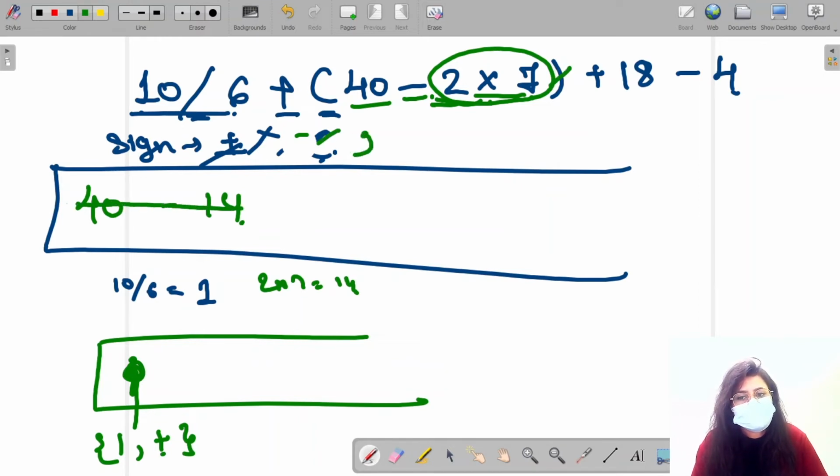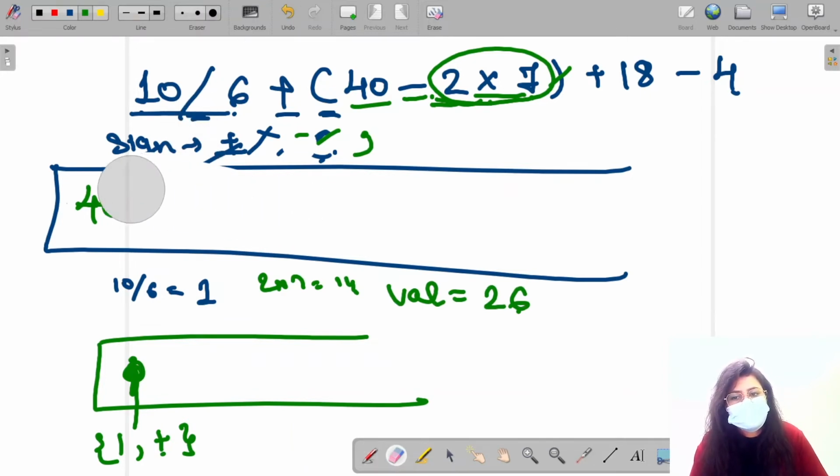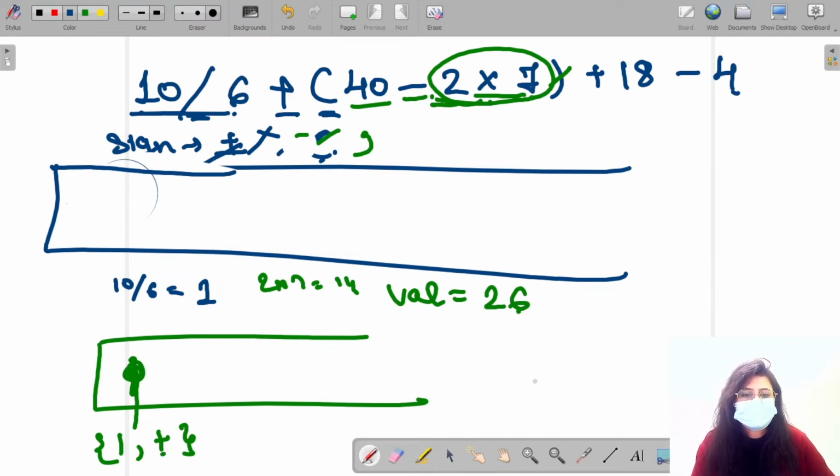So now solve this. We would have 26, right? So now this will contain in a value as 26 as the bracket is closed now. Okay. So now because this was stored here, 1 plus, what you would certainly do, 1 plus 26 will be 27.